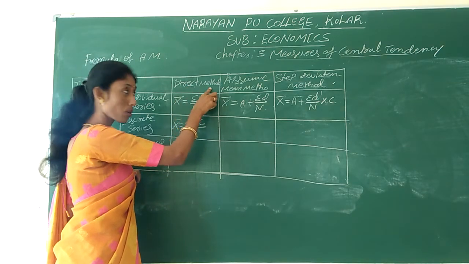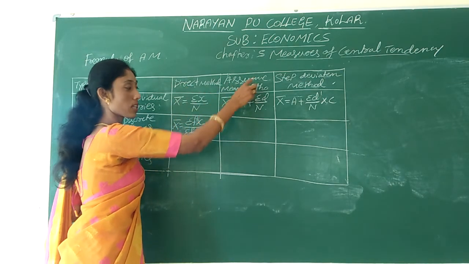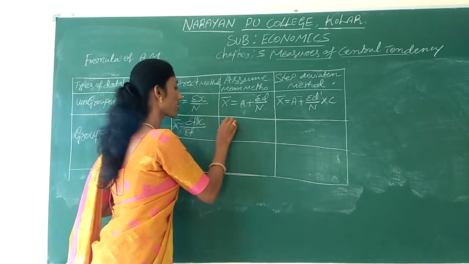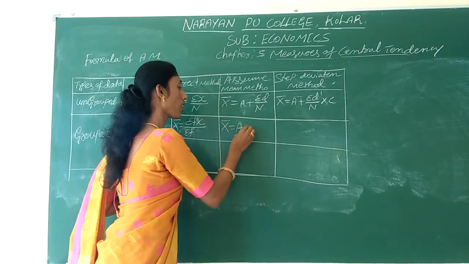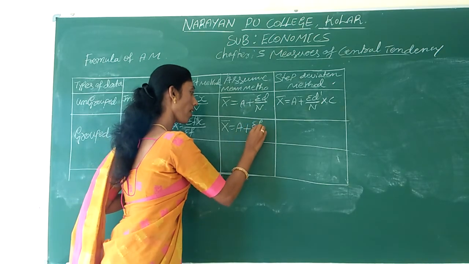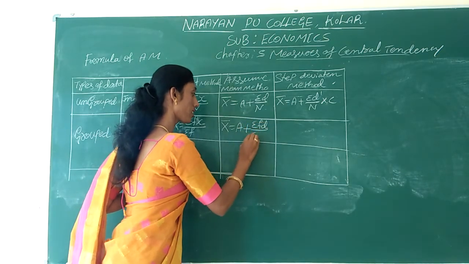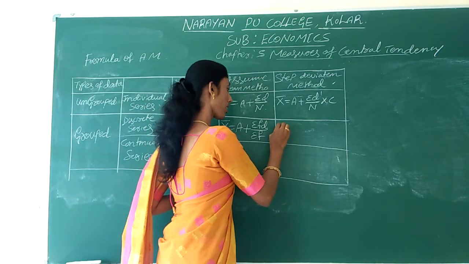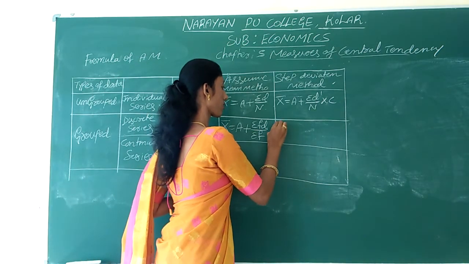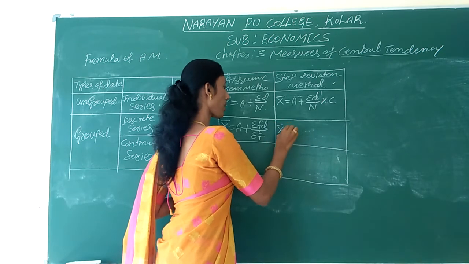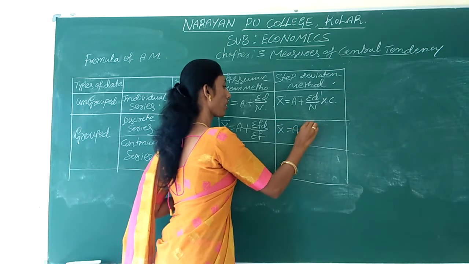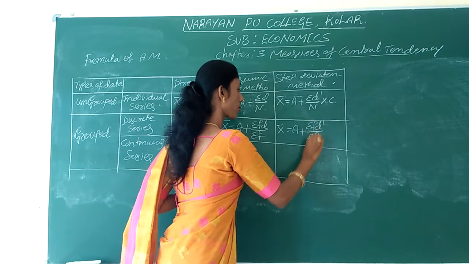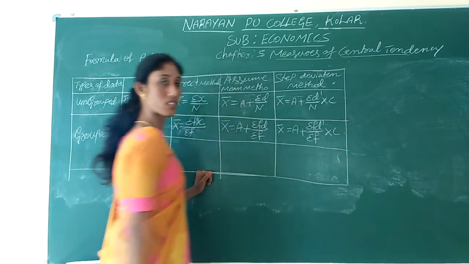If we use the assumed mean method for discrete series data, then the formula is x bar is equal to a plus sigma fd divided by sigma f. Then step deviation, x bar is equal to a plus sigma fd dash divided by sigma f into c.